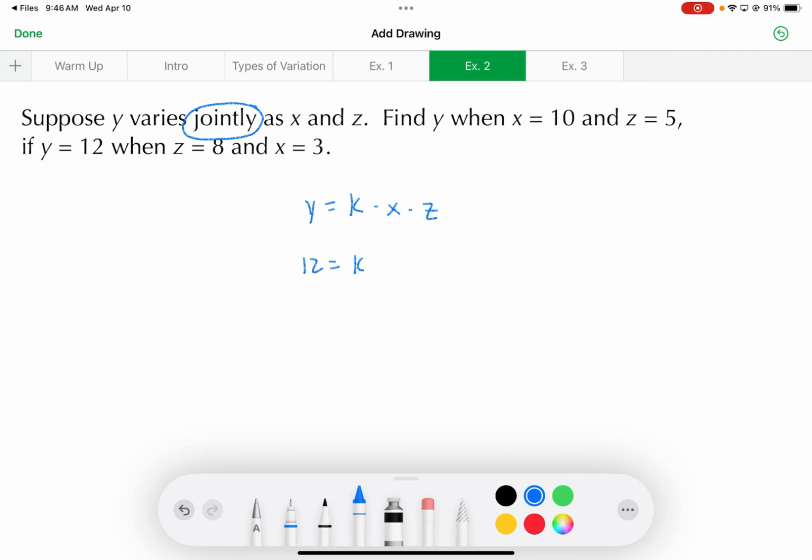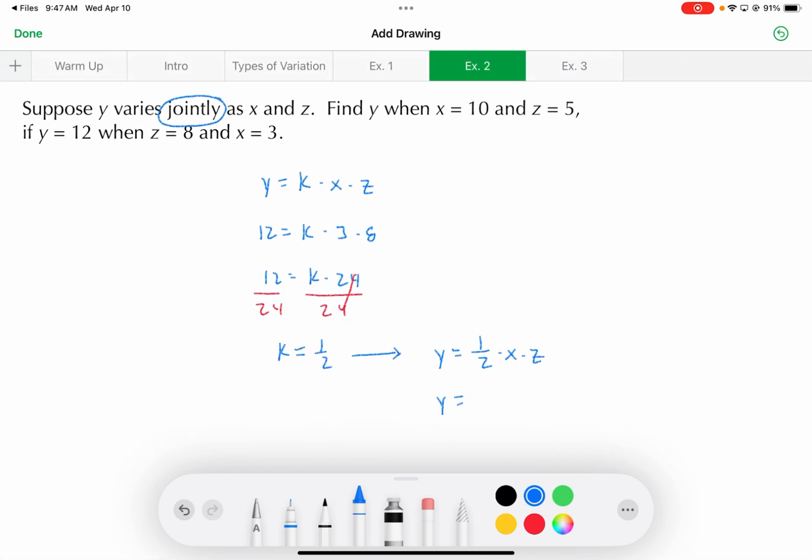So I use the second half of that statement there to get my k. Y is 12 when x is 3, z is 8. Solve for k. Ends up being 1/2. All right, so my model overall for this situation is y equals 1/2 times x times z.